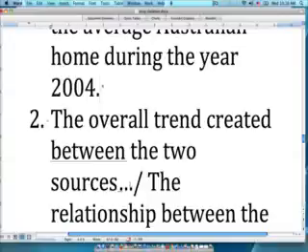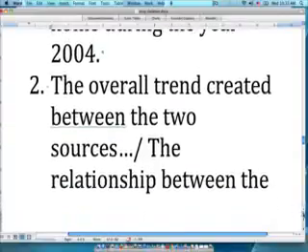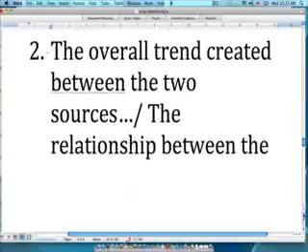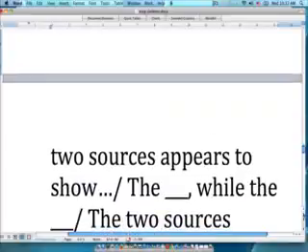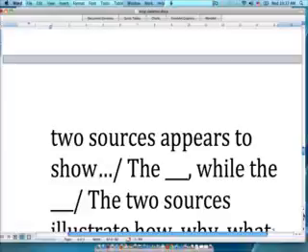You're just trying to explain what the two sources together show. So the overall trend created between the two sources shows, or illustrates, or perhaps you could start, the relationship between the two sources appears to show maybe that there's a positive correlation between them, which means they move in the same direction, or there's a negative correlation between them, which means perhaps one source moves in one direction, the other source moves in the opposite direction.